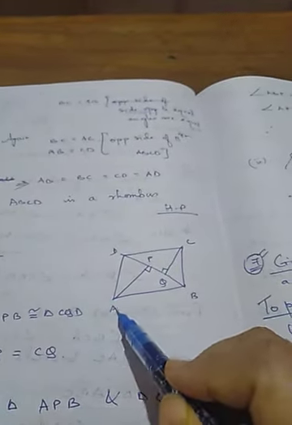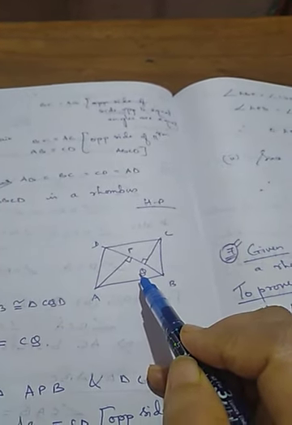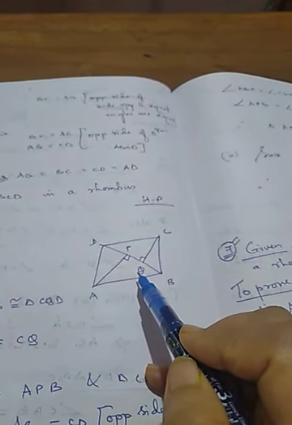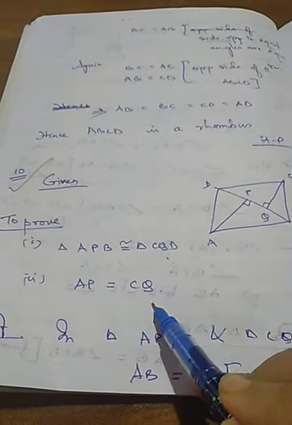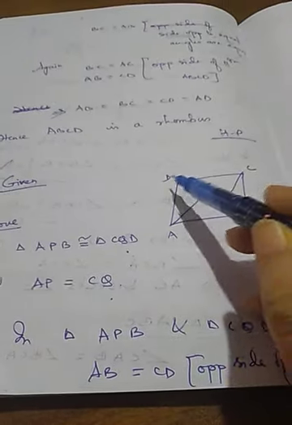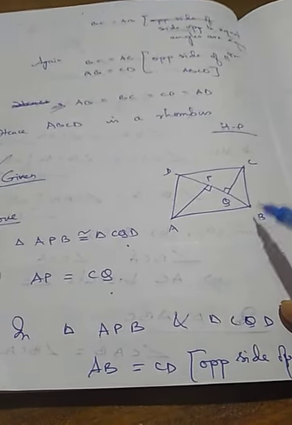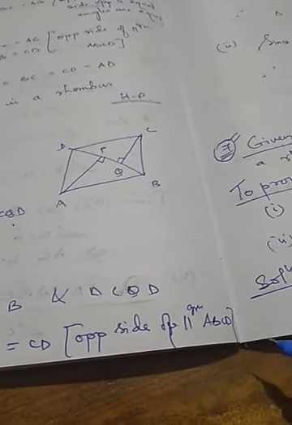ABCD is a parallelogram and AP and CQ are the perpendiculars from the vertices A and C on the diagonal, and with the help of this we have to prove that these triangles are congruent and AP equals CQ. So directly we have taken which two triangles? APB and CQD. Now AB equals CD, opposite sides of a parallelogram.